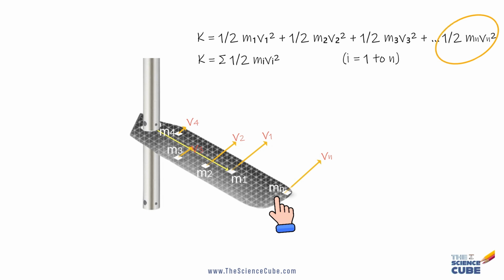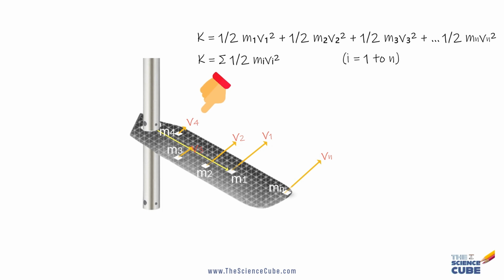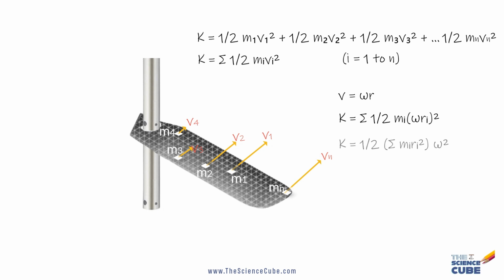Now, while this expression seems quite simple and neat, the problem is how do we find the velocity of each of the particles? Well, there is an easy solution to this. That is, we use the formula v is equal to omega r and substitute it over here to get K is equal to sigma half mi omega ri square, which equals half sigma mi ri square times omega square.